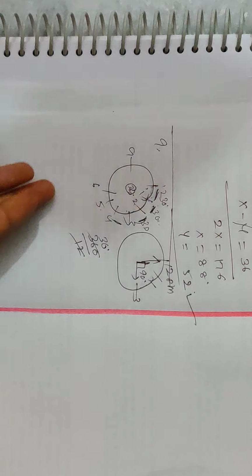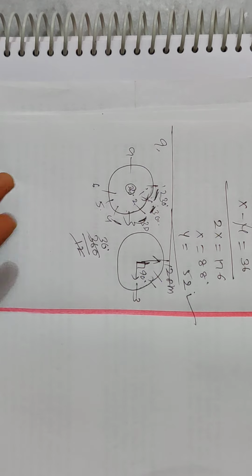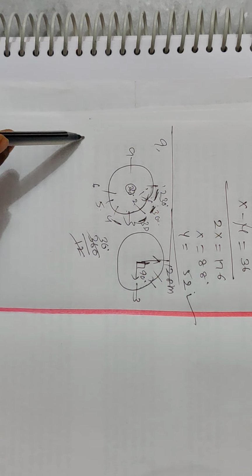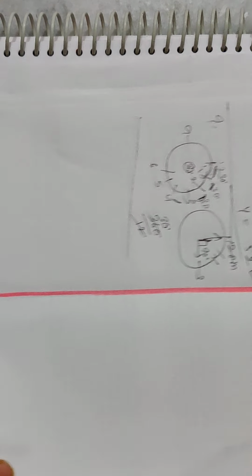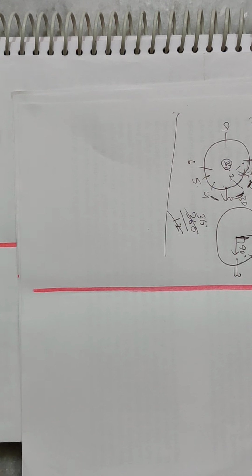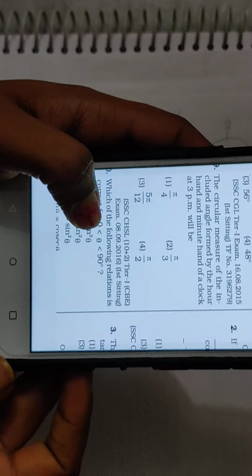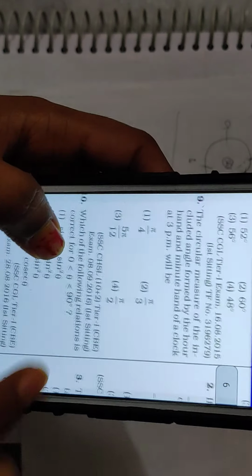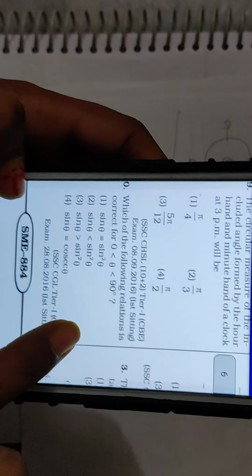It will be easier for you to remember when you are solving clock problems also. Okay. Actually 90 degrees means pi by 2 radians. Option 4 will be the correct answer.